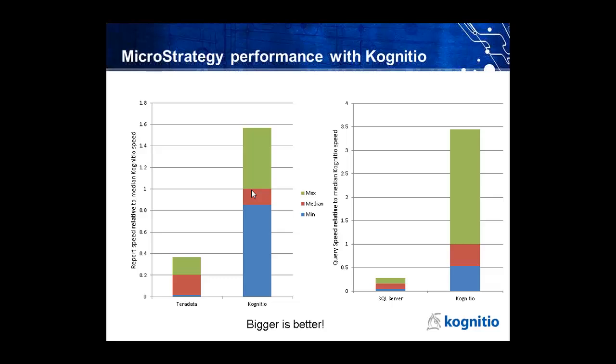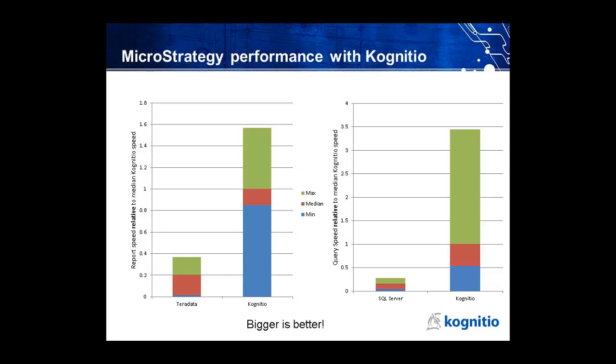So we can see that the Cognitio median speed is at a relative speed of 1. So everything's compared to that. There are some reports that ran faster, up to 1.6, and some reports that ran slightly slower at 0.8. So we can see the window of the Cognitio report speeds there.